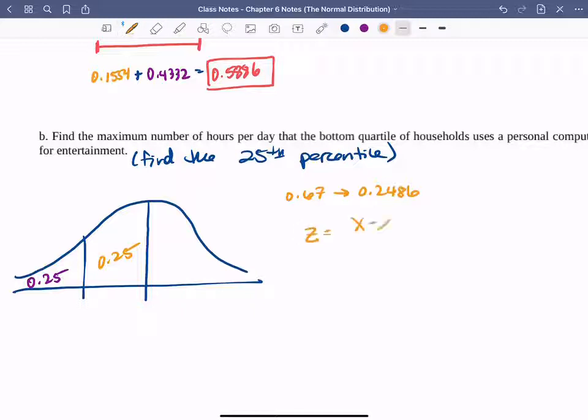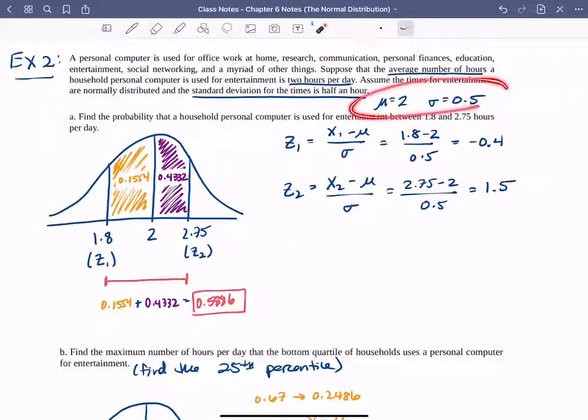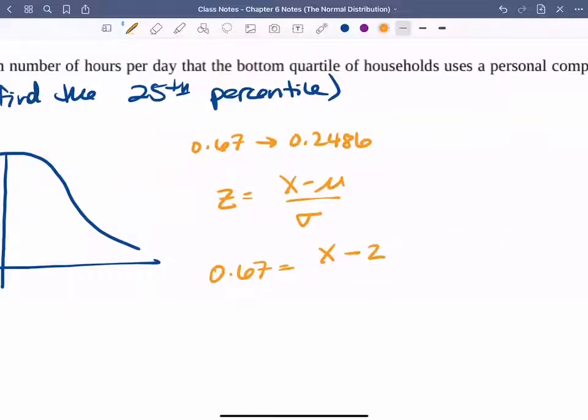Z is x minus mu over sigma. So 0.67, we do not know our x value. Our average is still up here, right? We found out it was 2, and our standard deviation is 0.5. That doesn't change. So we go minus 2 over 0.5. And when you solve for x, you get 1.665.